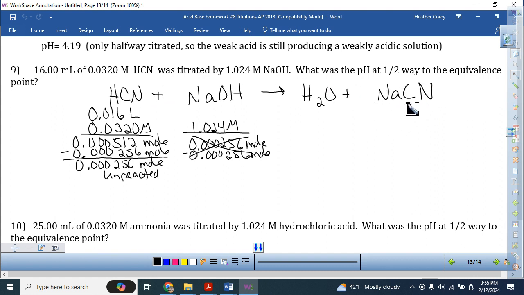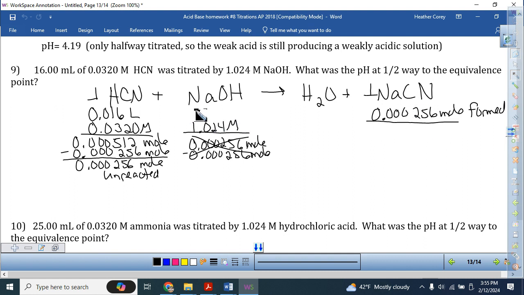And how much of this NaCN is formed? We get 0.000256 moles formed. So the amount of HCN that reacted is used to form the NaCN. And because this is a 1-to-1 ratio, the amount of HCN reacted equals the amount of NaCN formed, if we're looking in terms of a limiting reactant.